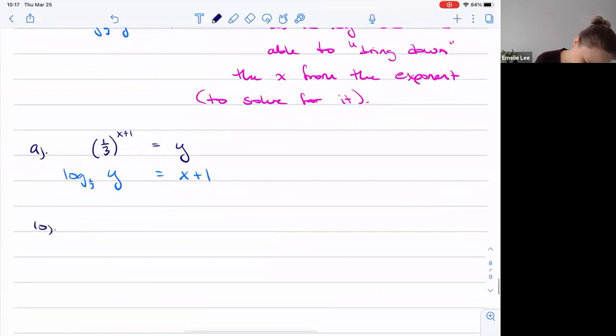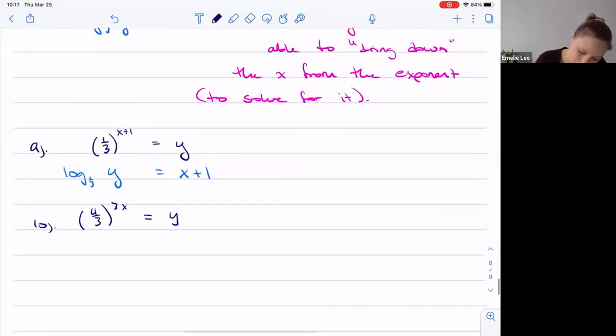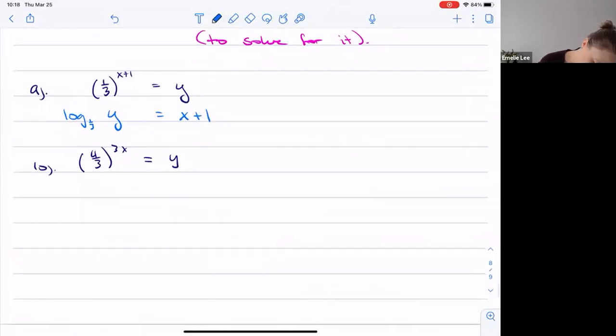10, which is 4 over 3 to the 3x equals y. My base is 4 over 3. So I have a log base 4 over 3.